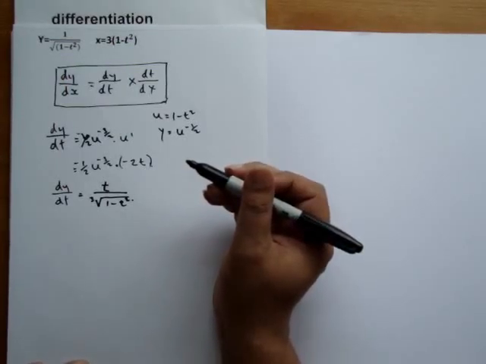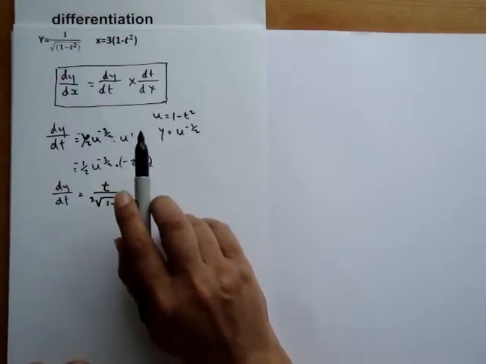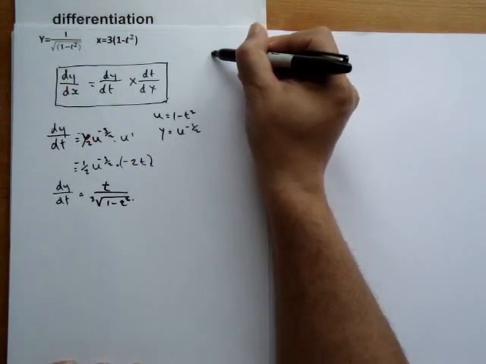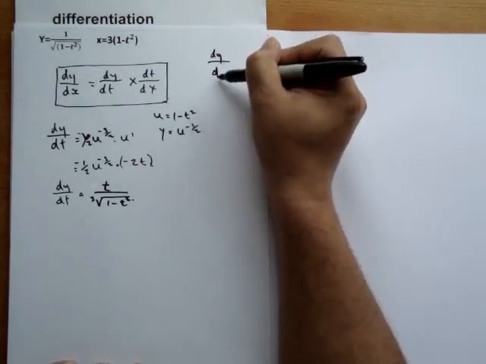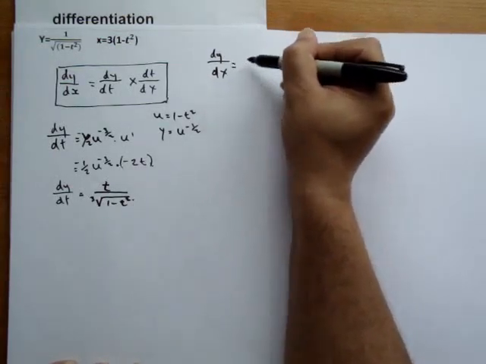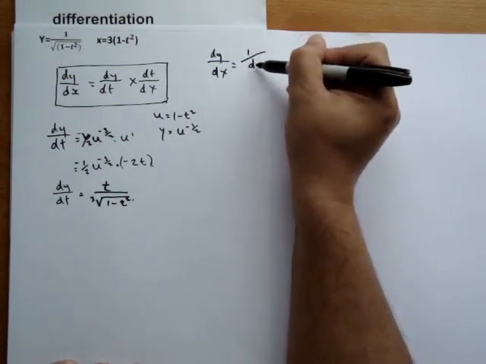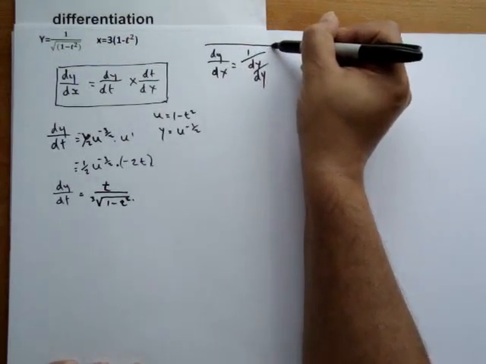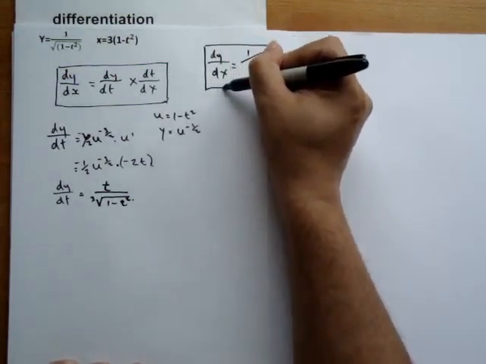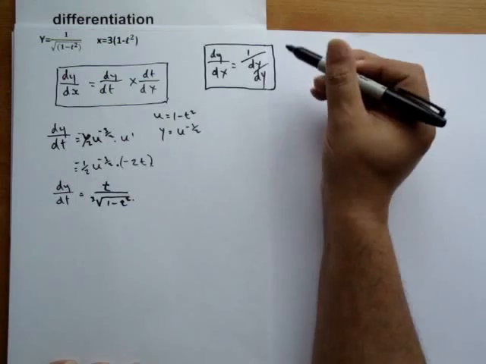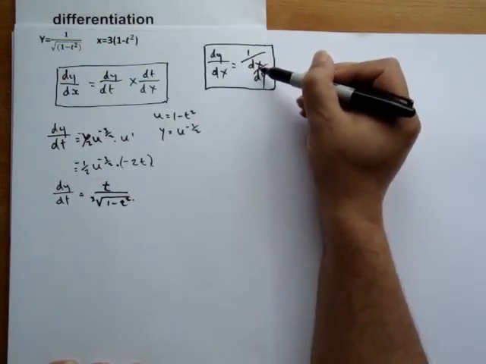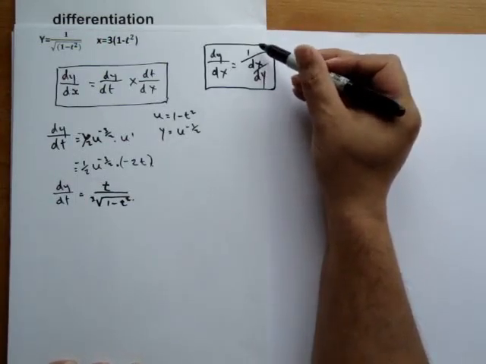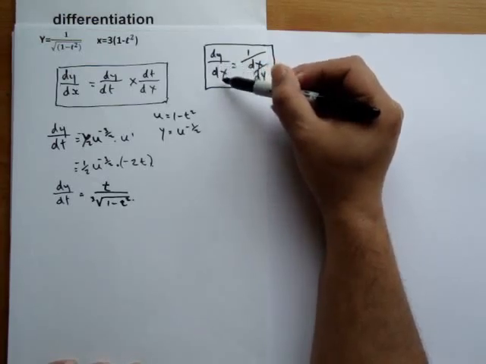Now we want to find dt by dx. For this we need another rule, and the rule that we have to remember is dy over dx equals 1 over dx over dy. So this is another important rule that we have to remember. So if we have dx by dy, if we find the reciprocal of it, that's dy by dx.